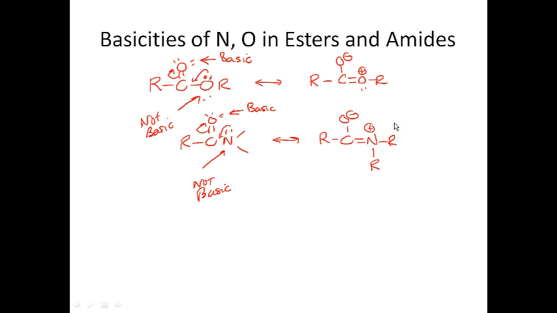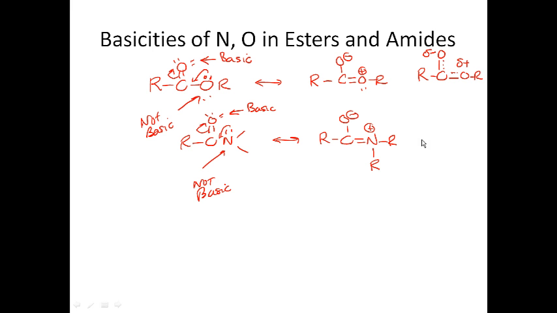Now, you might say, yeah, so what? Well, the so what part of that is if I was to write the resonance hybrid for these two, the resonance hybrid would look like this. We would have, in this case, in essence, a partial double bond with the oxygen having a delta minus charge, and I would have a partial double bond to this oxygen with the oxygen having a delta plus charge.